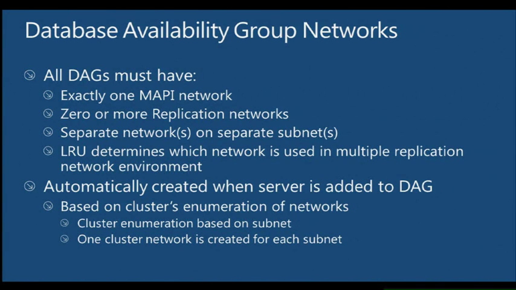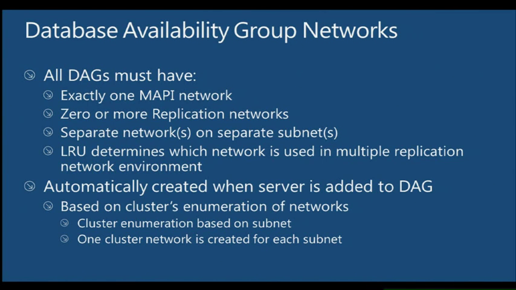If you have multiple replication networks, we will load balance across them. We use a least recently used algorithm to pick the proper network to use for continuous replication. We also will automatically fail over between the networks, and I'll talk about how that behavior works in a minute. Now, the initial DAG networks that you get appear automatically once the server is added to the DAG.